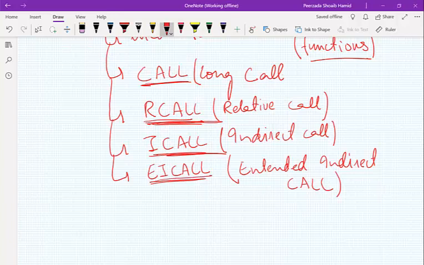In extended indirect call, we have another register, the contents of which are added to the Z register before calculating the starting address of the subroutine we need to execute.